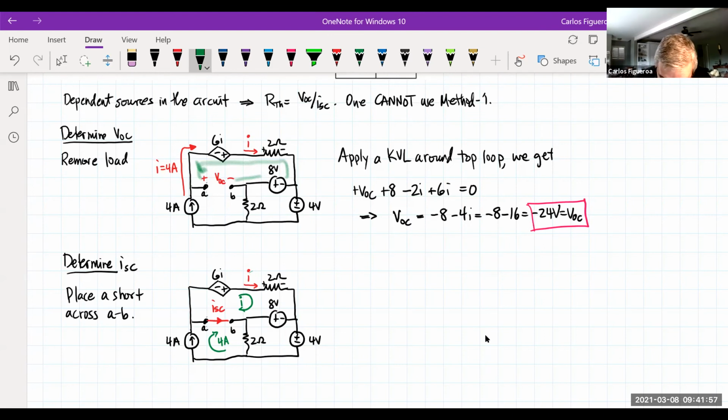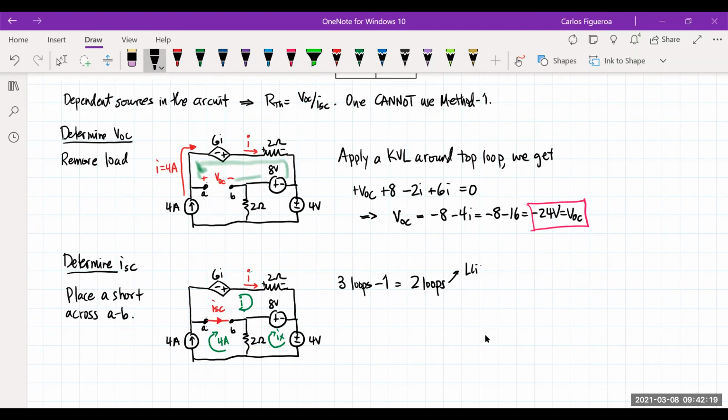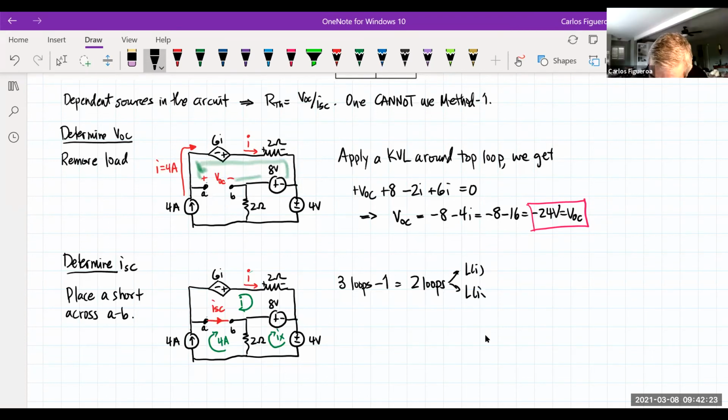So then that really means there's two unknown loops, but I'm going to call this IX. So what I'm doing here is that I see I have 3 loops, one current source. So I have 2 loops, and there's no super loops, but there's loop I and loop IX.